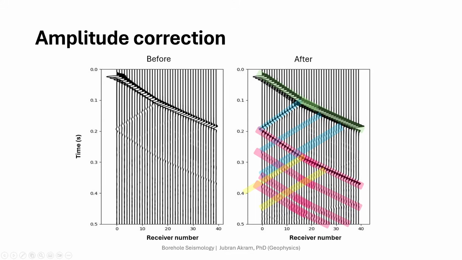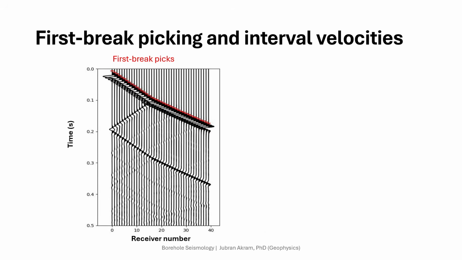And once we do this amplitude correction, we try to pick the first arrival, the direct arrival, and we do so using some manual approach or automatic algorithm.